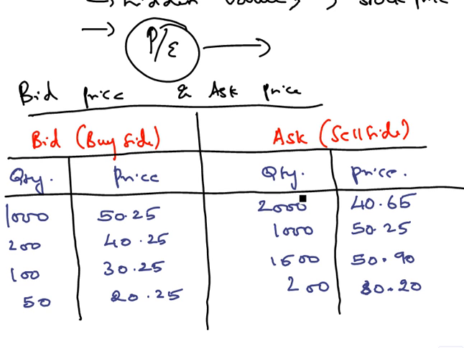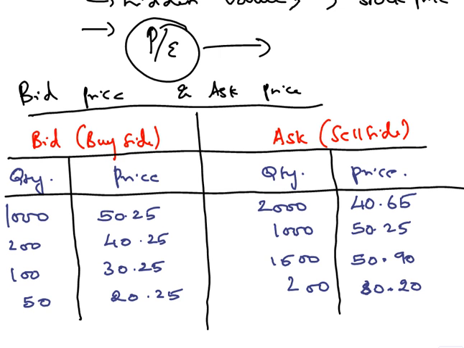And the ask side is, I'm already owning Tata Motors stock. Now I want to sell it. Then what I will say is, give me 40.65 rupees for 2000 stocks which I'm going to sell. This is the ask side. The difference between the bid side and the ask side is called the spread.